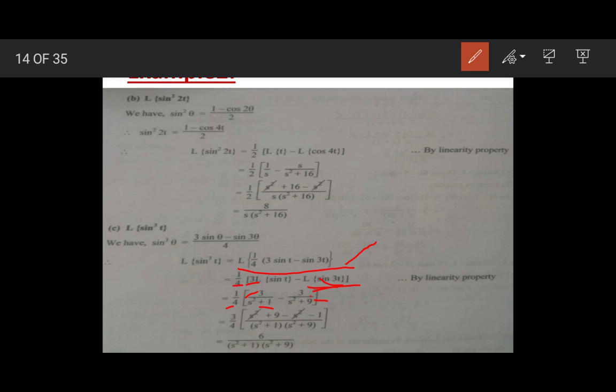By cross multiplication we get s square plus 9 minus s square minus 1 upon s square plus 1 into s square plus 9. So we get 6 upon s square plus 1 into s square plus 9.